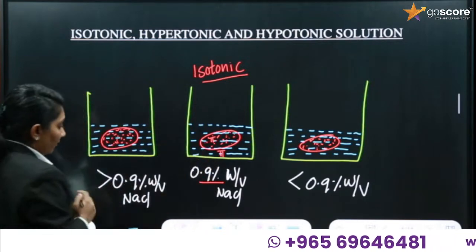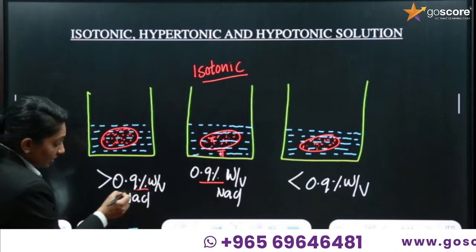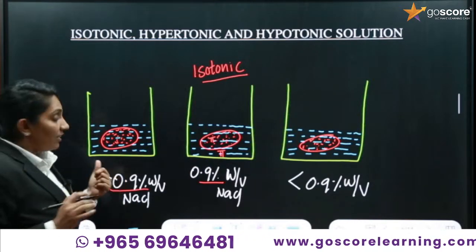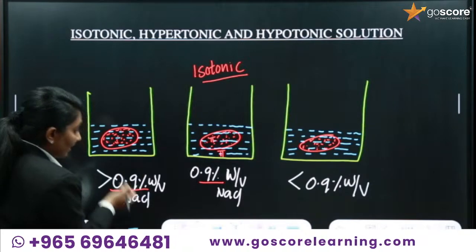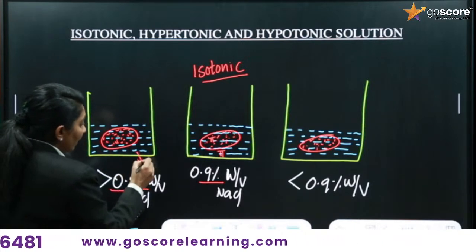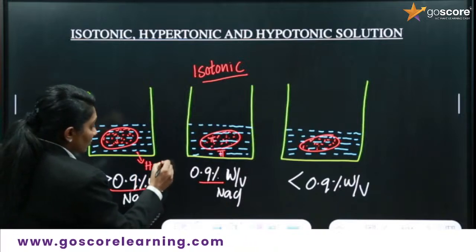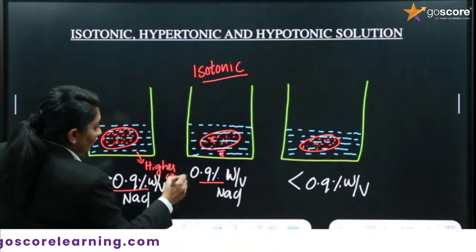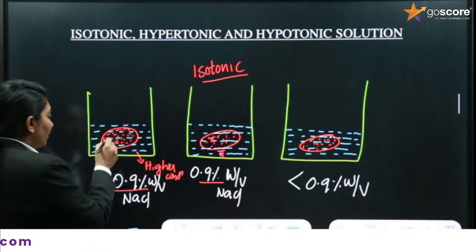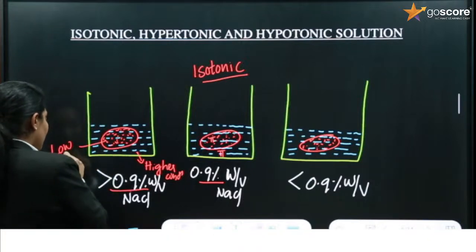Now, see here. Here the concentration of the sodium chloride solution is more, right? The solution we took is greater than 0.9 percentage. So this will be a higher concentrated solution compared to this one, and this will be a low concentration solution.